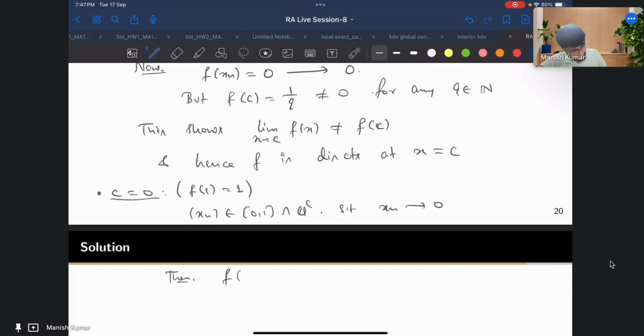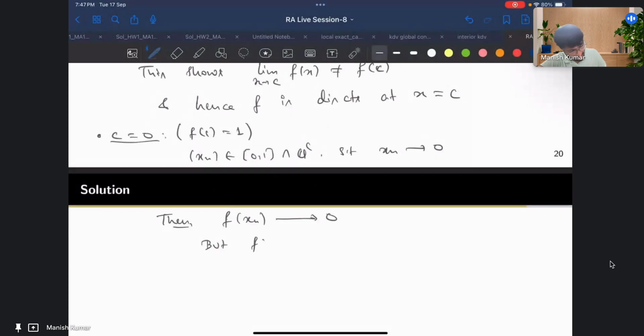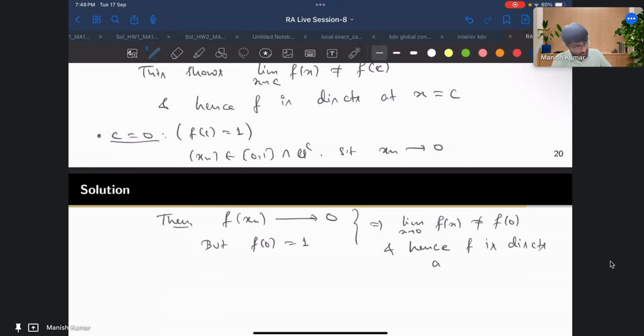Then f of xn will converge to 0, but f of 0 is equal to 1, which is not 0. So this shows that the limit as x goes to 0 of f of x is not equal to f of 0, and hence f is discontinuous at x equal to 0.